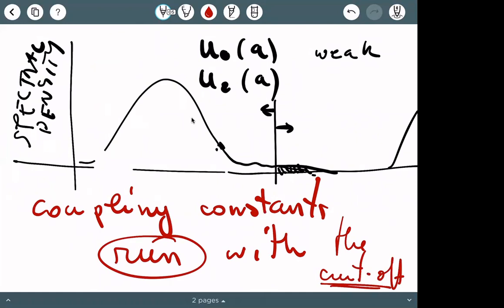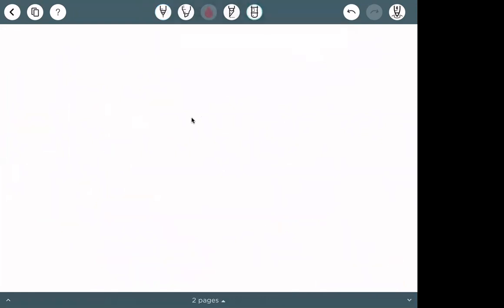Okay? How many of you have heard of running coupling constants in different contexts, typically high energy physics? I did. Okay. For example, right. The typical example is the strength of the strong interaction, right?